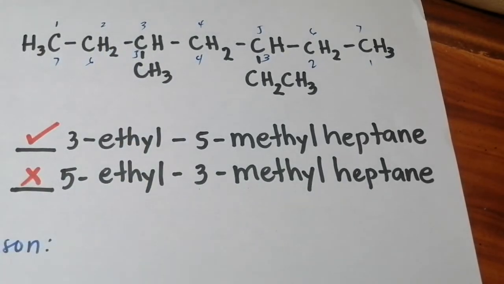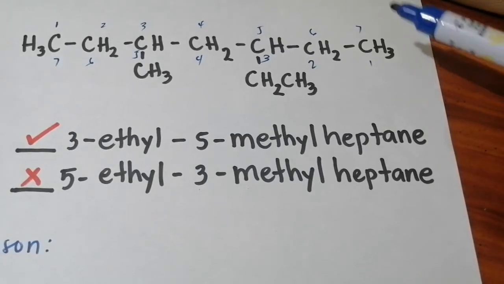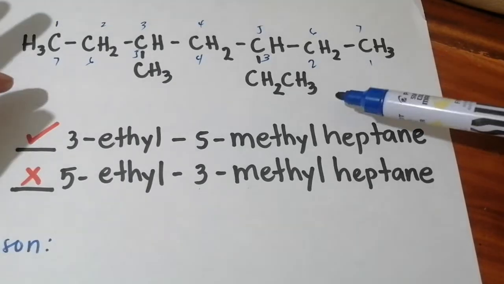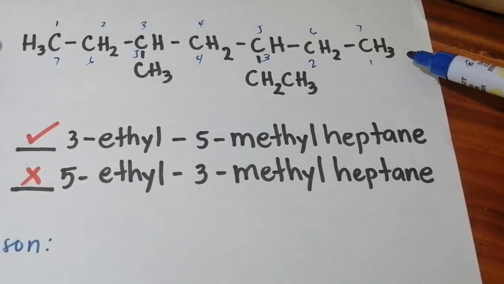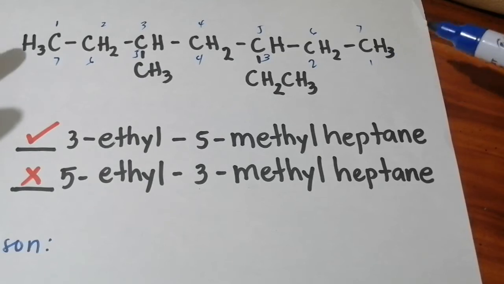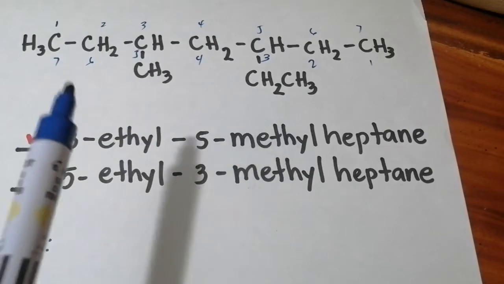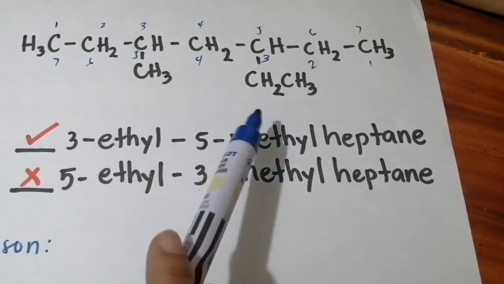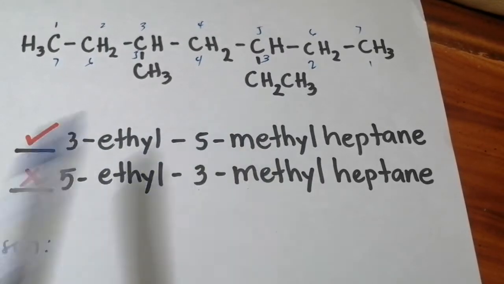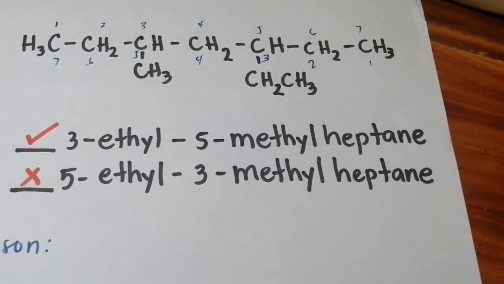So if the substituents have the same position at both ends of the molecule, our basis will be the substituent that comes first in the alphabet, meaning we have to base it on alphabetical order.